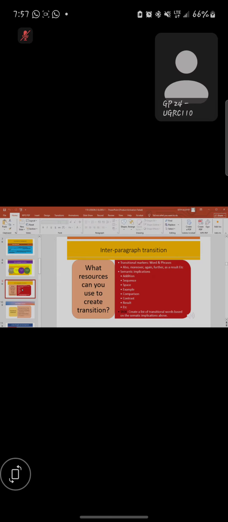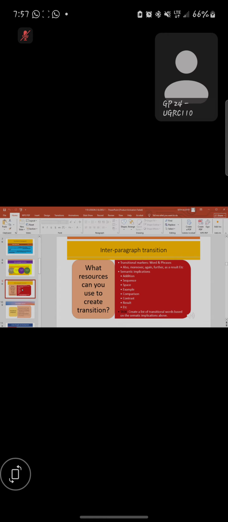So we have transitional words, transitional phrases, and transitional sentences. As regards transitional words and phrases, we have examples like also, moreover, again, further, then a phrase like as a result, of what have you. So these are some transitional markers, transitional words, and of course phrases.